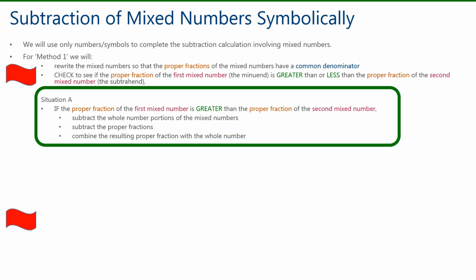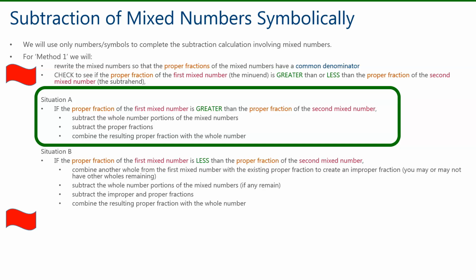That's where our focus will be for this particular video. Now, I've also put up the situation B, but we're not going to discuss that until the next video. Of course, we always check for simplest form. I assure you, this process will become clearer after we look at a few examples. So let's see how this works.